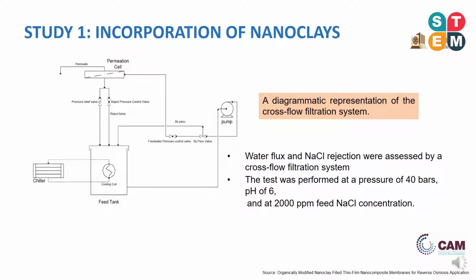This is a diagrammatic representation of the cross flow filtration system we used for our permeation study. Water flux and sodium chloride rejection can be assessed with this system, and the test was carried out at a pH of 6, a pressure of 40 bars, and 2000 ppm feed sodium chloride concentration.